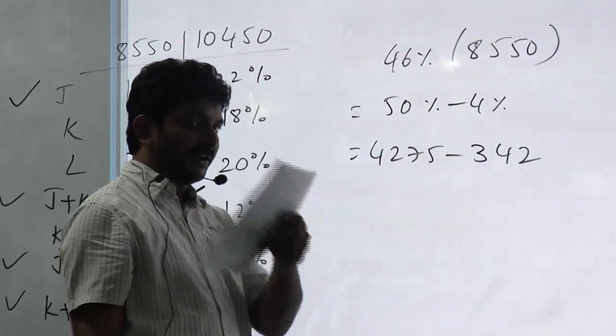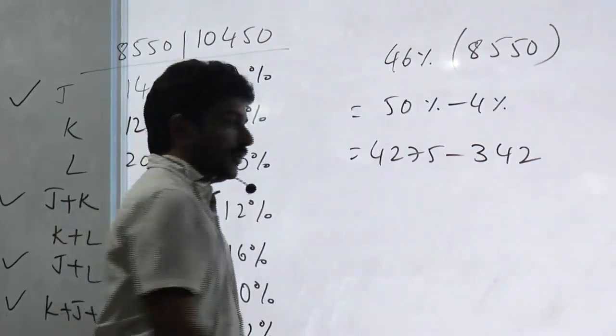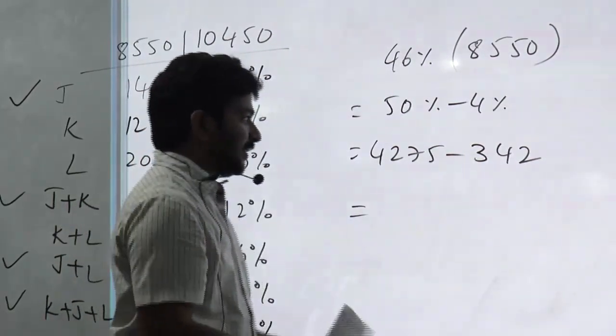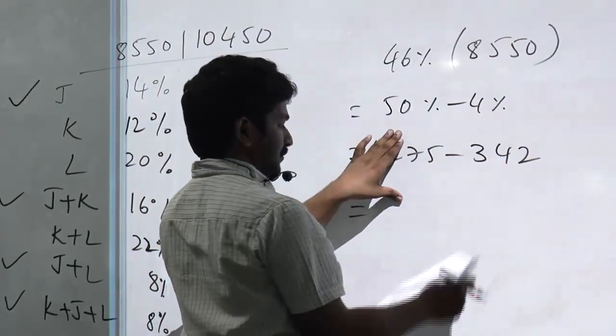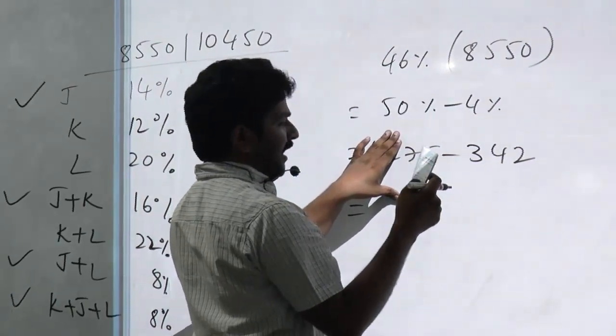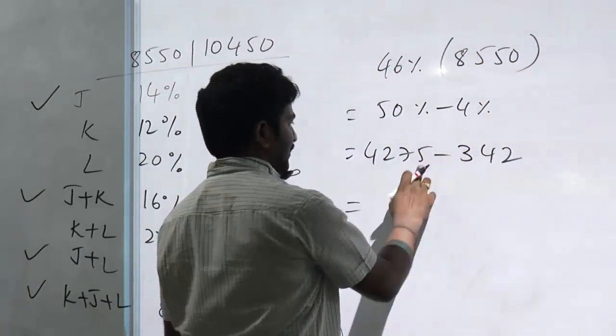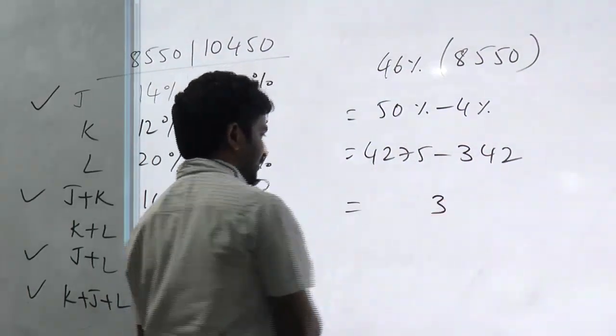Last 2 digits are different, right? Yes or no? So it's enough to calculate last 2 digits. 75 minus 42. 1 digit is enough. 5 minus 2. There is only one answer.